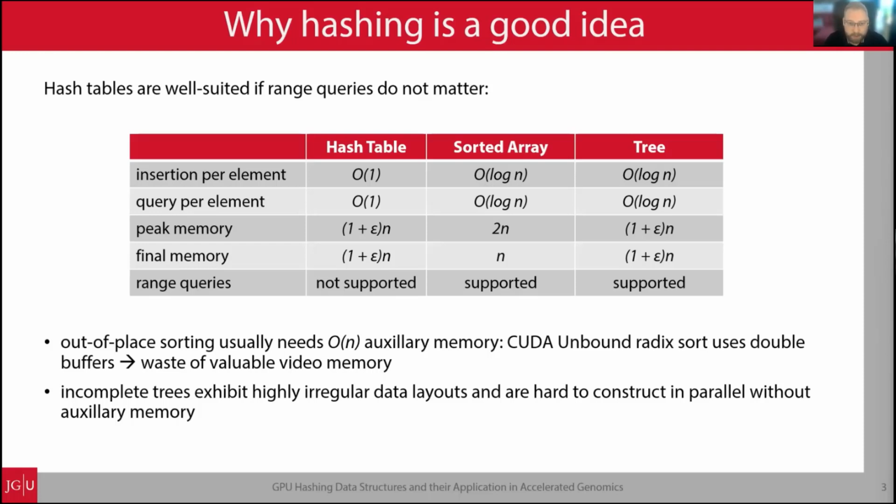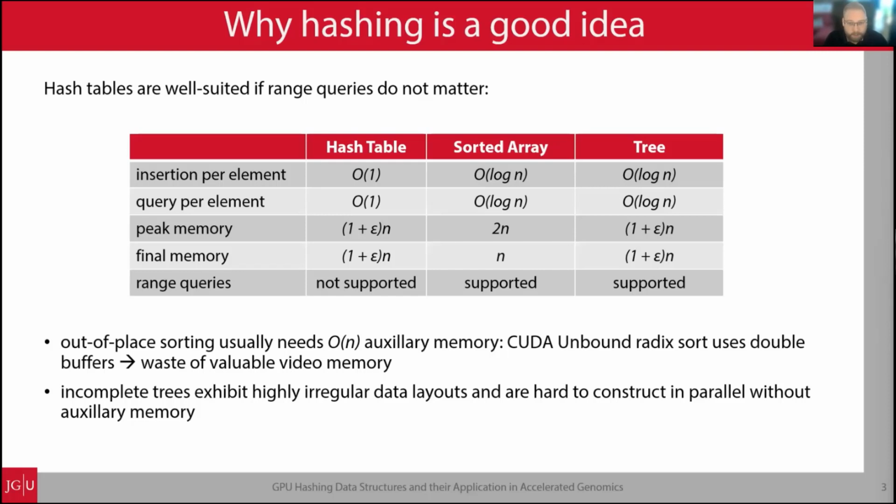The main benefit here is that these steps do not depend on the overall number of elements residing in the table, which gives us an O(1) time complexity for insertion and retrieval, respectively. Additionally, hash tables impose very little memory overhead, which makes them well suited for GPUs, since the amount of available video memory remains relatively scarce even nowadays.